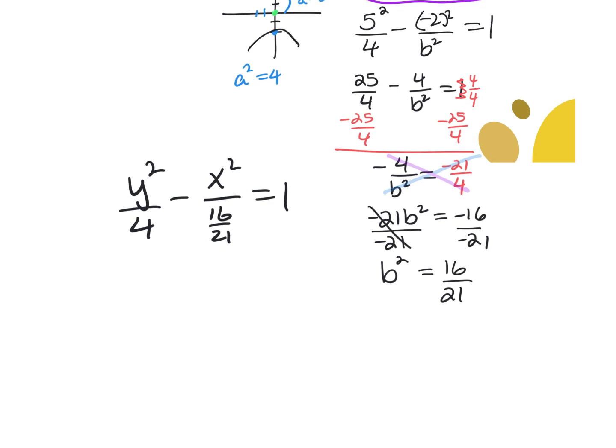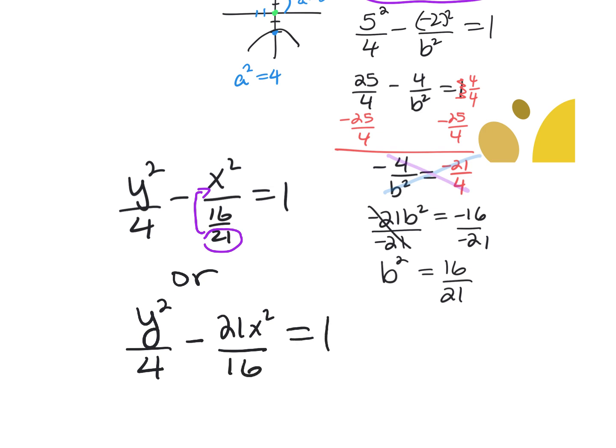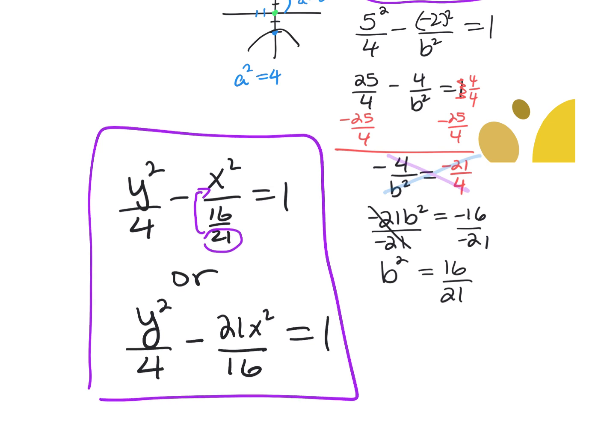Now, some standardized tests let you leave it like this. Others are going to make you take this denominator and move it to the top. So the other way that you could represent this answer is y squared over 4 minus 21x squared over 16 equals 1. Be aware of both forms.